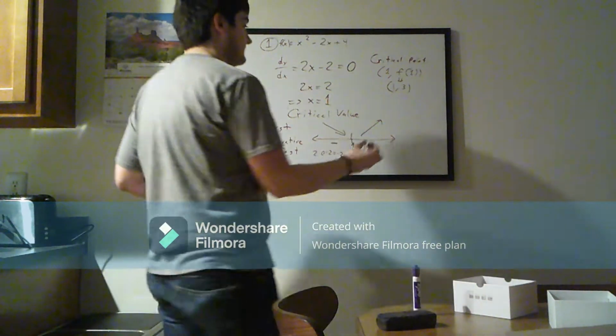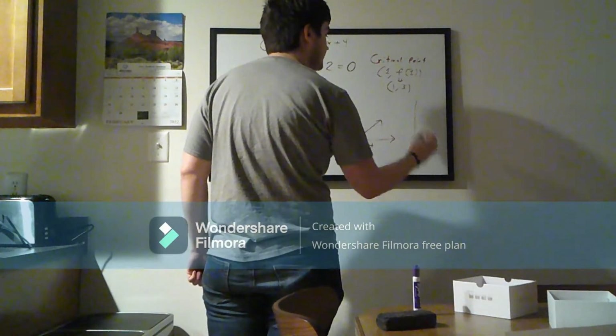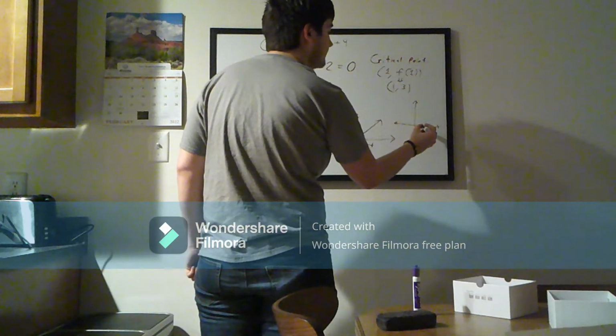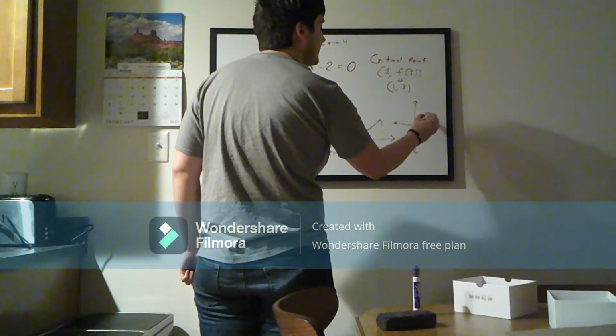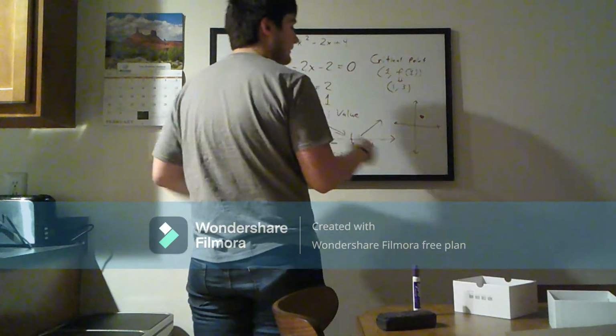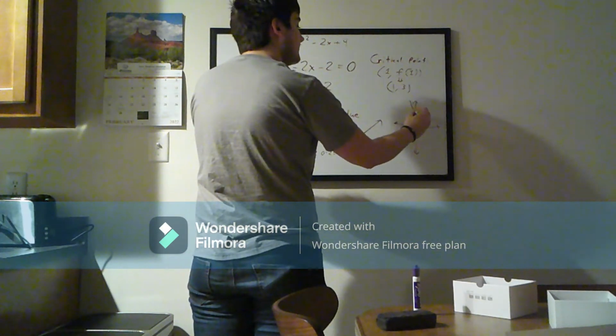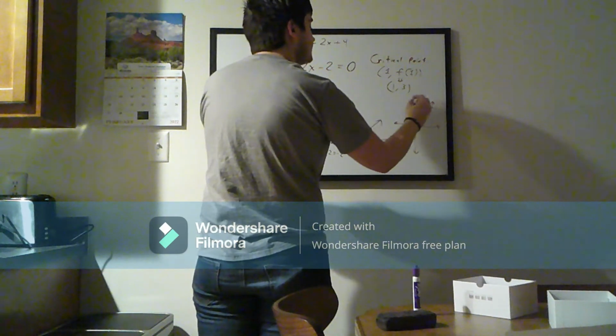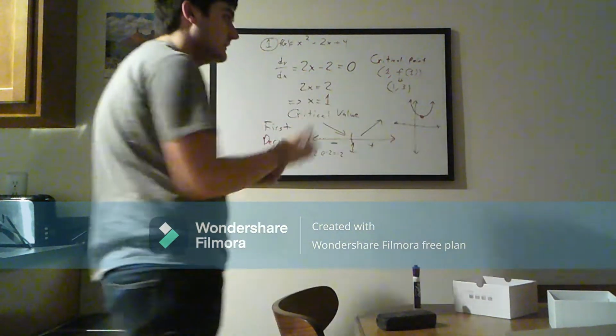So maybe I'll go ahead and try to put this on a graph. We know we have the point (1, 3), which would be about here. And we know that before 1, I'm going down, and after 1, I'm going up. So our graph might look something like that.